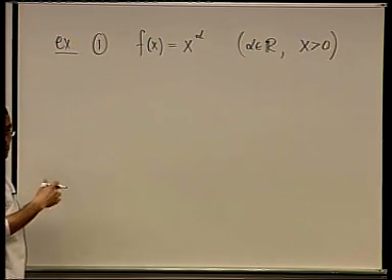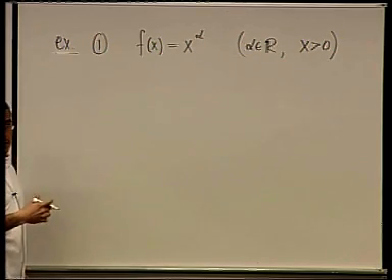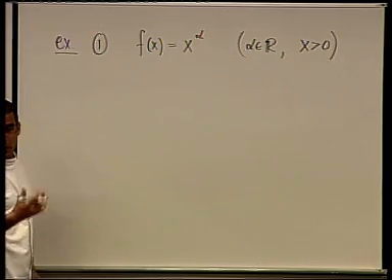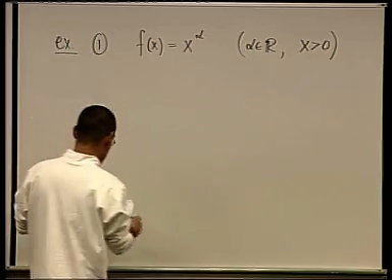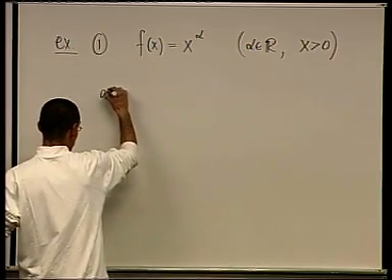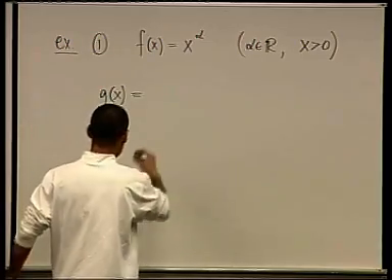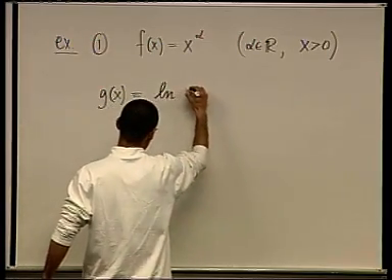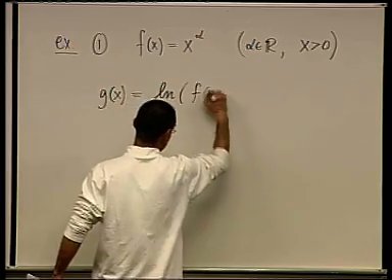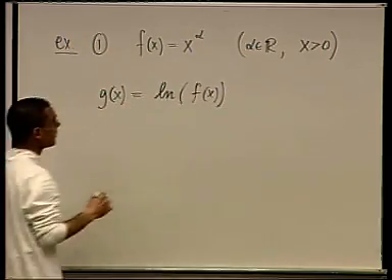So we're going to do a very standard sort of trick. It's not really a trick. It's just a standard procedure. We're going to define a new function, call it g of x. G of x is going to be ln of f of x.